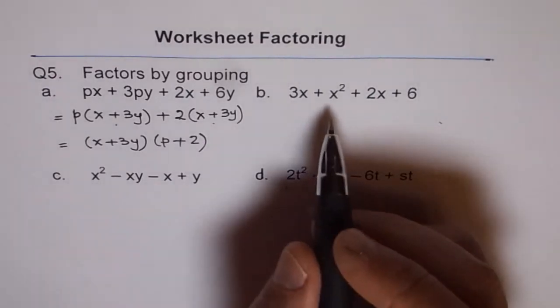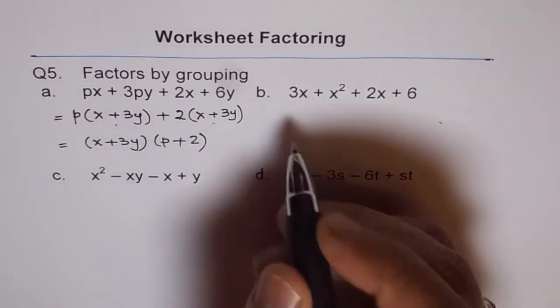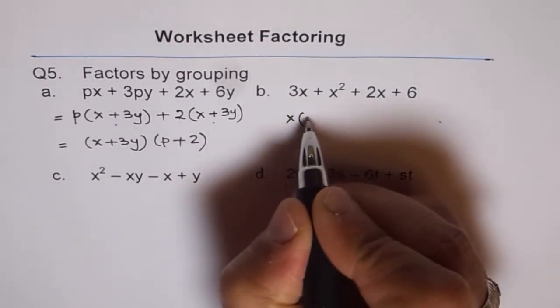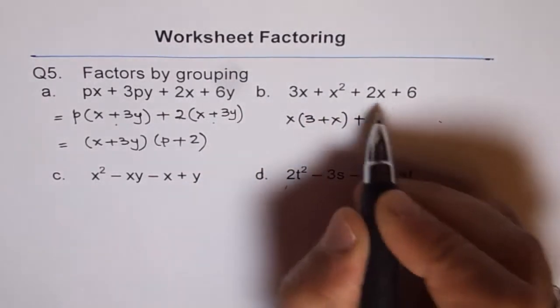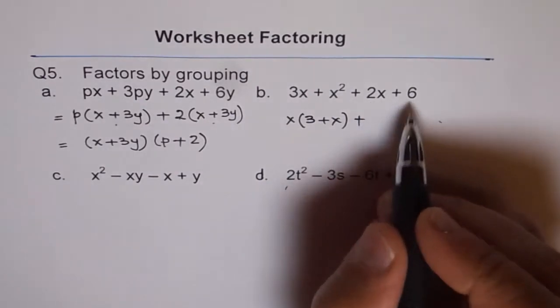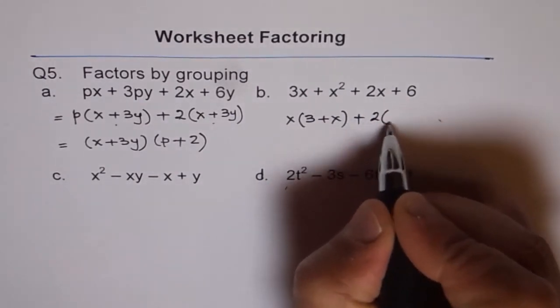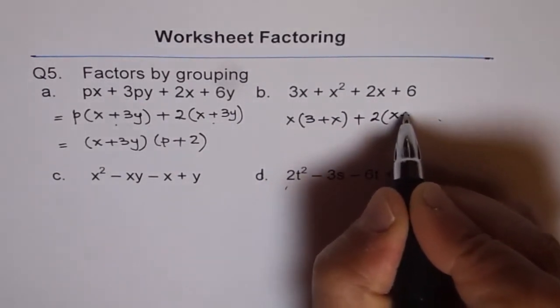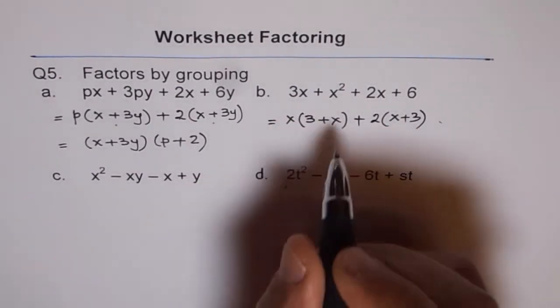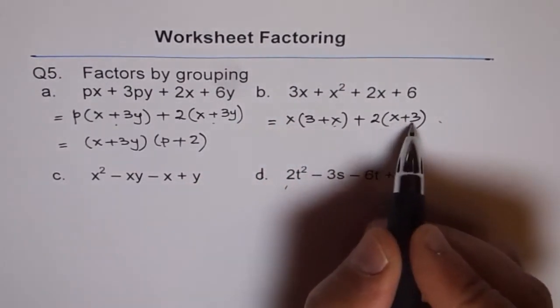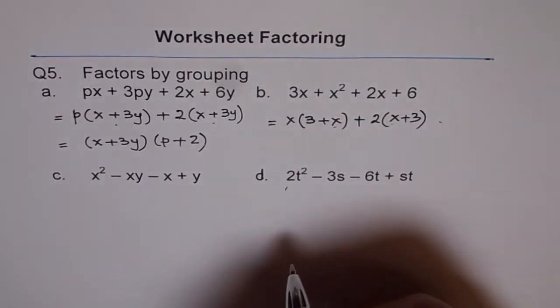Now we can factor x from here, so we get what? We get 3 + x. 2 is a common factor between these 2 terms. So we get 2 as common factor and x + 3. Remember, 3 + x or x + 3 are one and the same thing, correct?